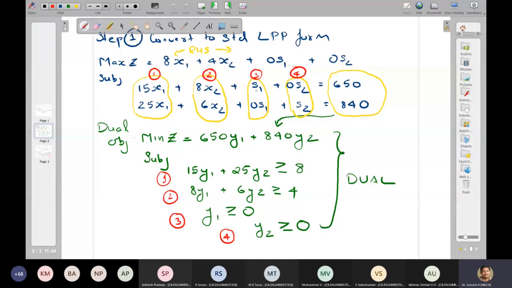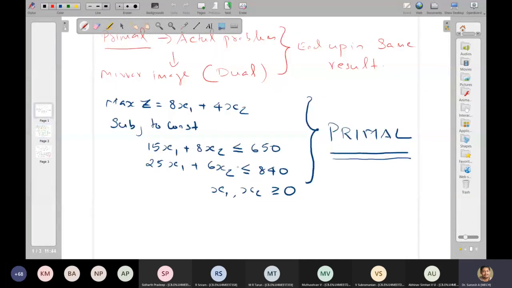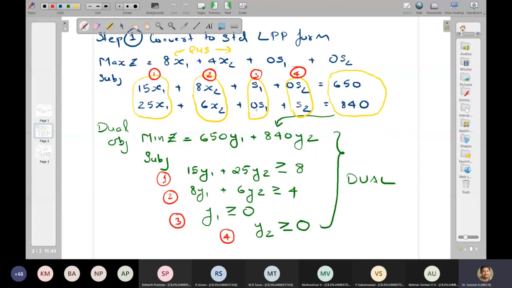When I write it in the standard form, S1 is there in equation number 1, and no S1 in the second equation, so 0 S1. S2 is coming in the second equation, and no S2 in the first equation. So I am getting here y1 greater than or equal to 0, and here y2 greater than or equal to 0. Clear? Yes, sir.